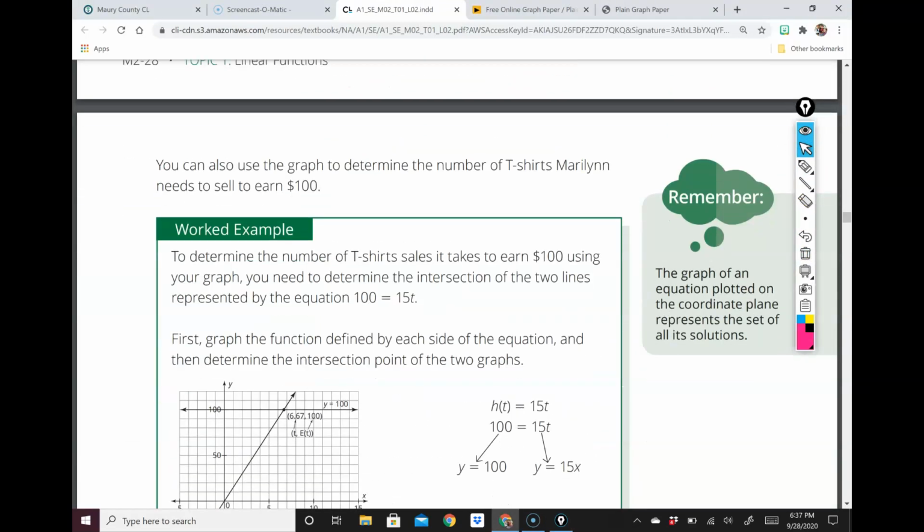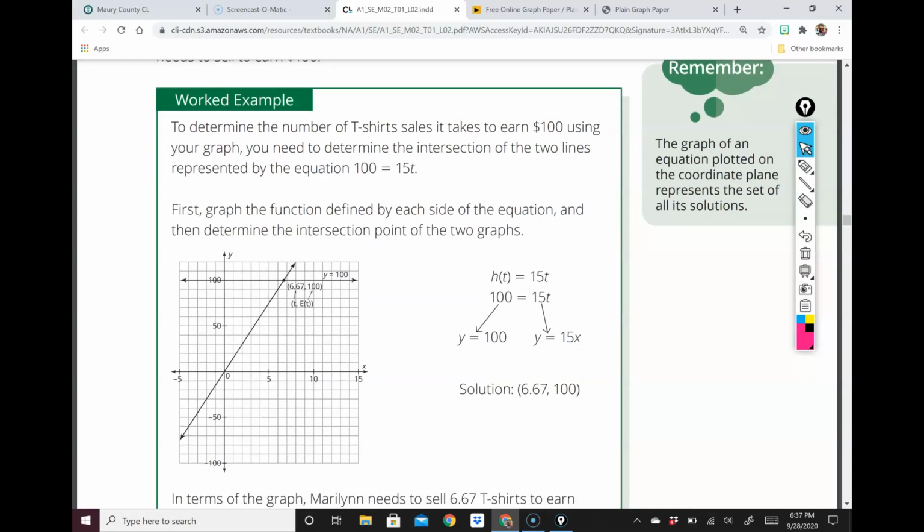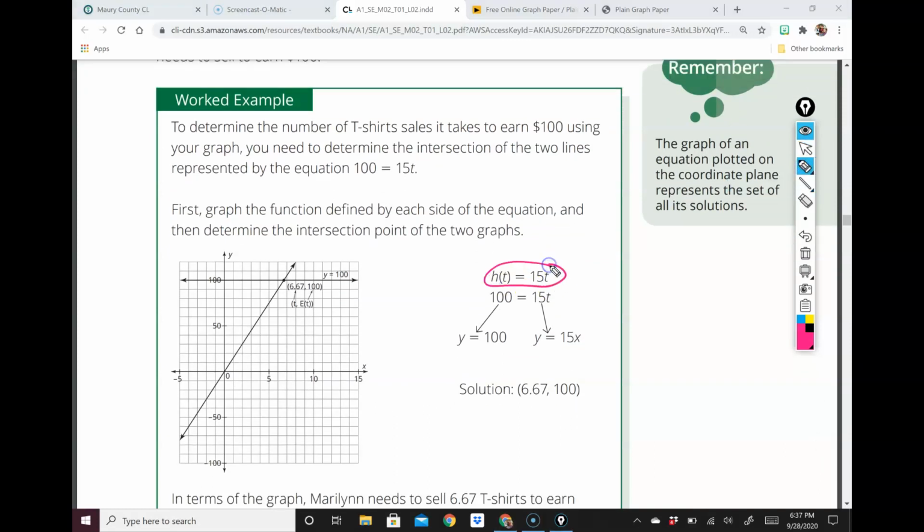You can also use the graph to determine the number of t-shirts Marilyn needs to sell to earn $100. First, graph the function defined by each of the equations, then determine the intersection points of the two graphs. So here we have ET equals 15t, which is graphed here.